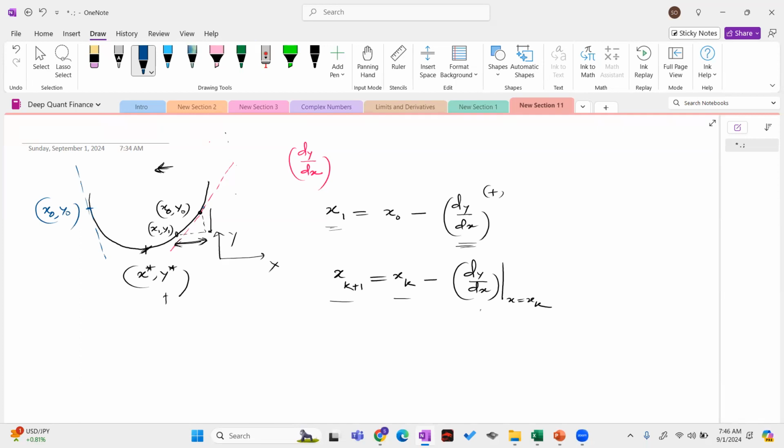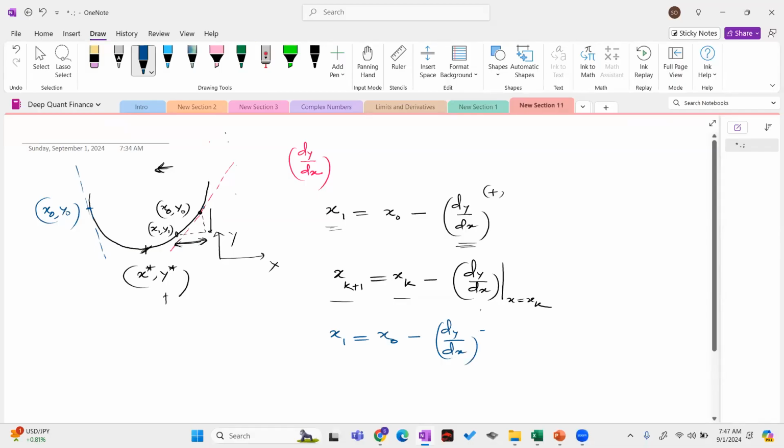Increase x, exactly. So what should be my equation? X1 is equal to x0 minus, think about this, minus derivative or plus derivative? If I want to increase x and I know slope there is negative. Negative, negative, positive. Yes, exactly. So I still need to use the same equation, dy by dx.